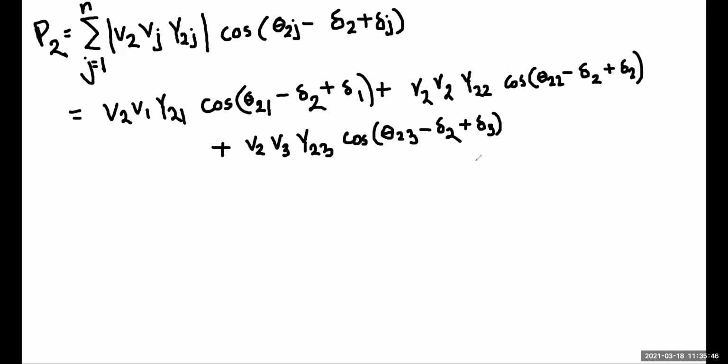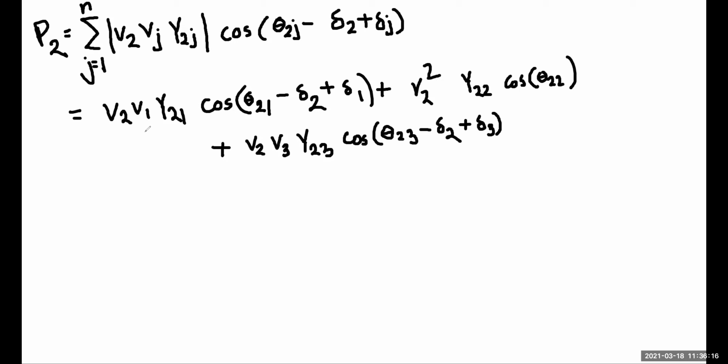Now, what are the things that you already know? At first, think about what are the things you can simplify. This one minus del 2 plus del 2, they are gone, right? Can you see that? So they are gone. So you can take these here. Now V2, V2, they become V square. So can you write V square here?